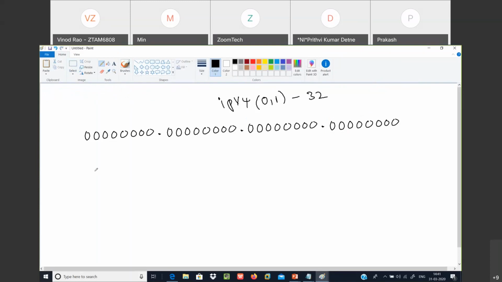What about the highest? Ones. 1, 2, 3, 4, 5, 6, 7, 8, dot. First octet highest, second octet, third octet, fourth octet. This is the range of IPv4 addresses.